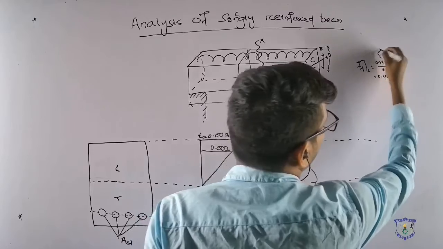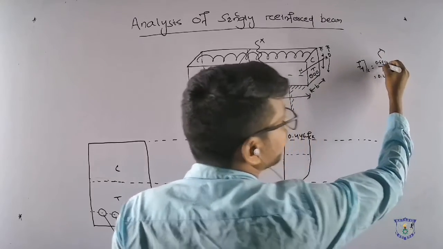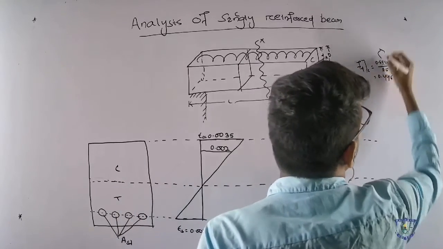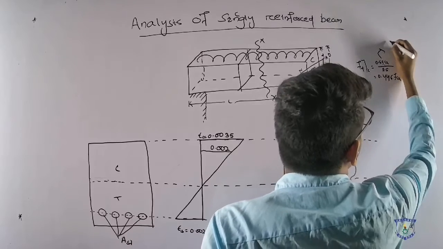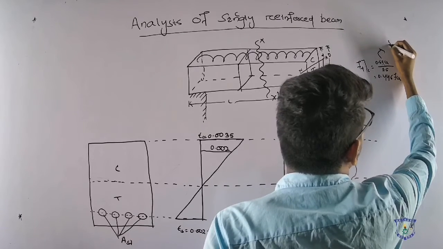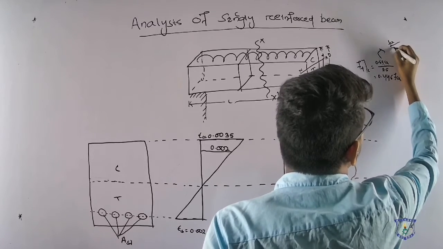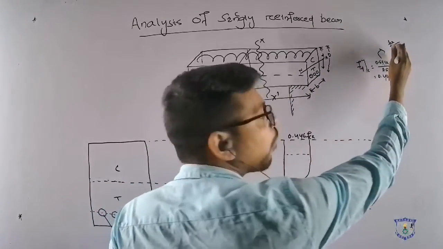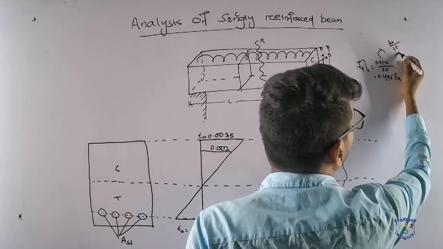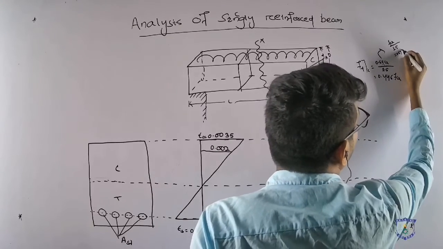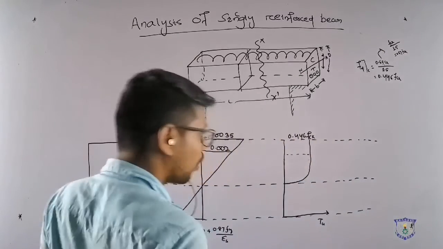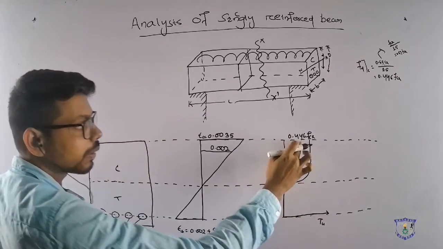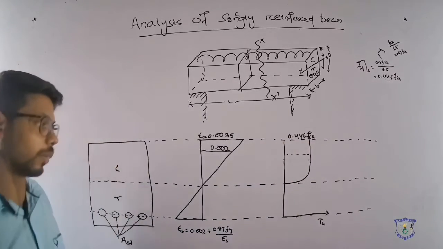And you know, this is how to find 0.67 fck: fck divided by 1.5, the partial safety factor of concrete. Okay, so we can find out 0.446 fck this way.